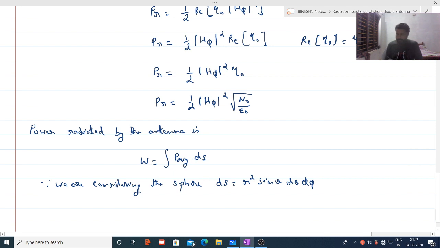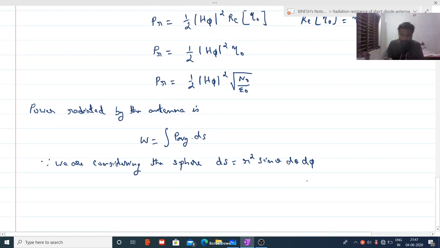So in general I can write W is nothing but integral PR r square sin theta d theta d phi. PR already you know is nothing but 1 by 2 E theta H phi.